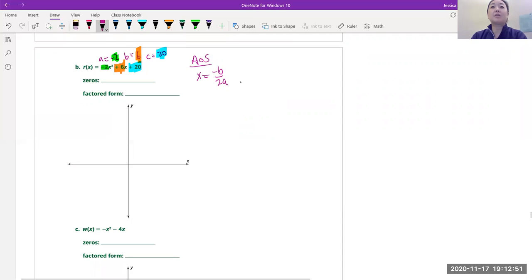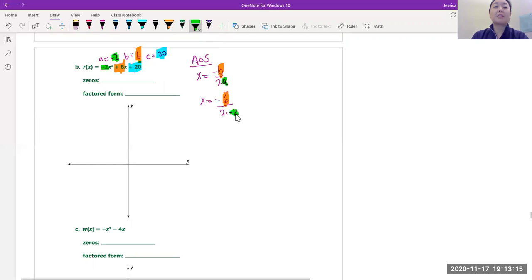All right, and then we're going to just substitute that in. So x is equal to negative, and what is my b? 6 over 2 times negative 2. Just to keep these colors consistent, my b is right here. Remember, it has nothing to do with that negative on the outside. And then we want our a, so our a is right here.